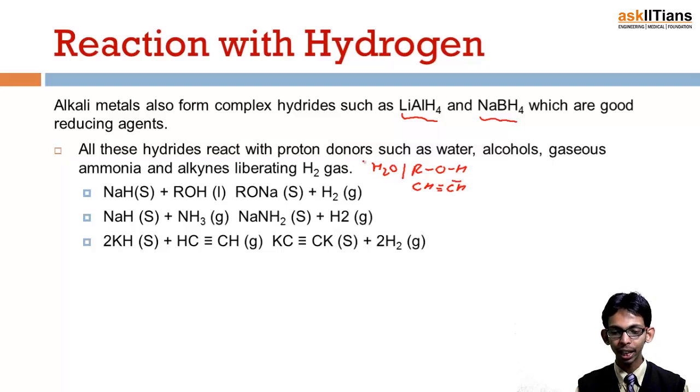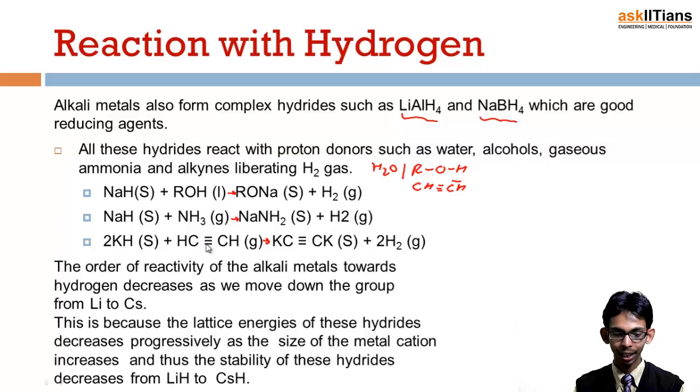So they react with those molecules which can donate a proton, and they liberate hydrogen gas. So this is the reaction with alcohol, this is with ammonia, and this one is with terminal alkynes.